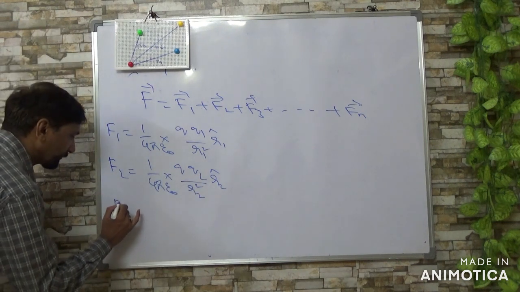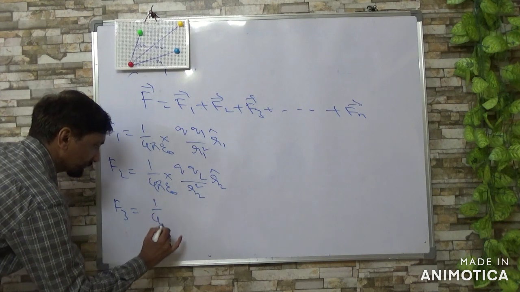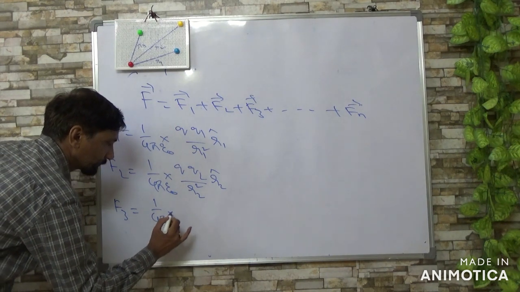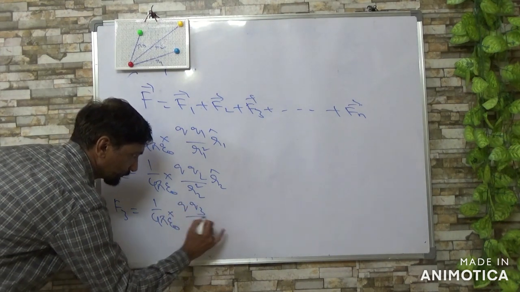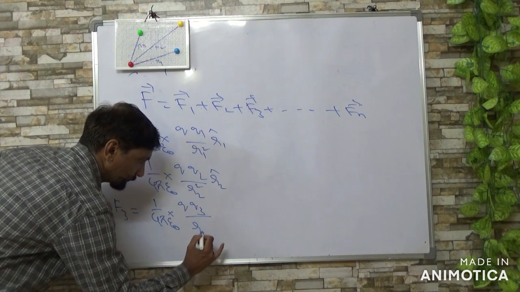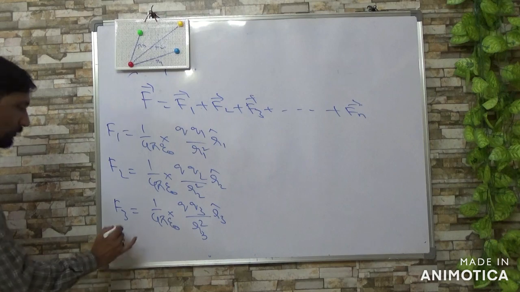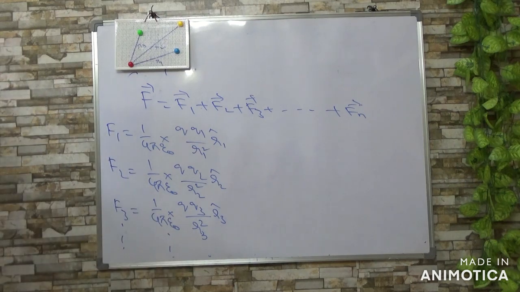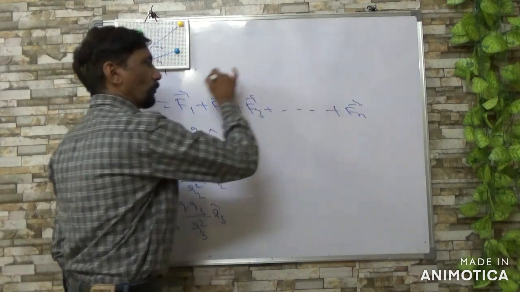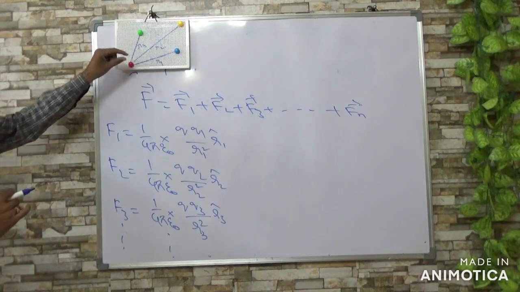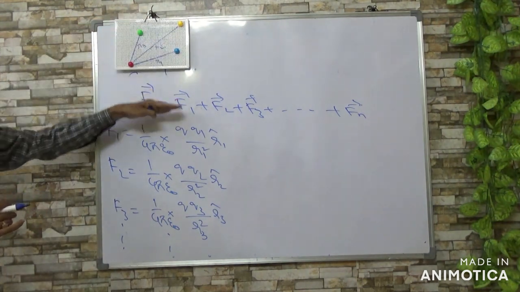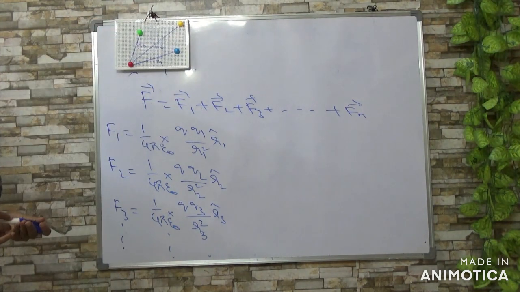Next F3, and so on. Therefore, the total resultant force experienced by this charge is the sum of the forces due to all these charges.